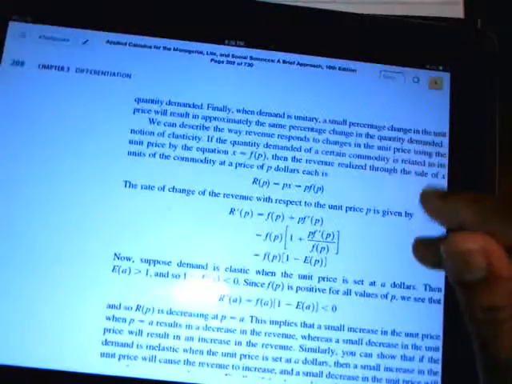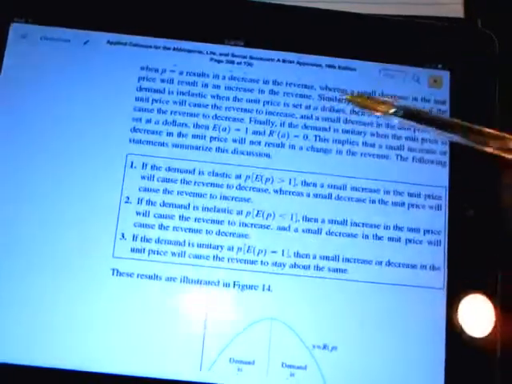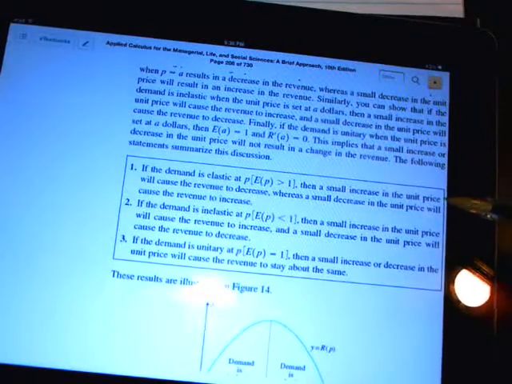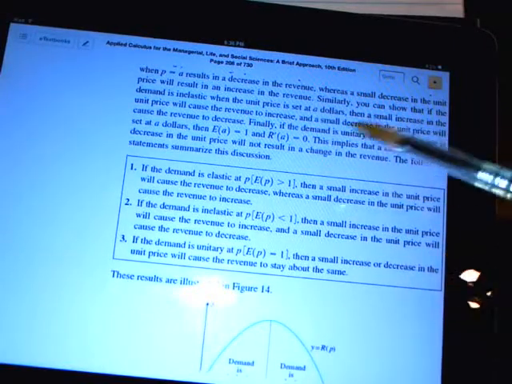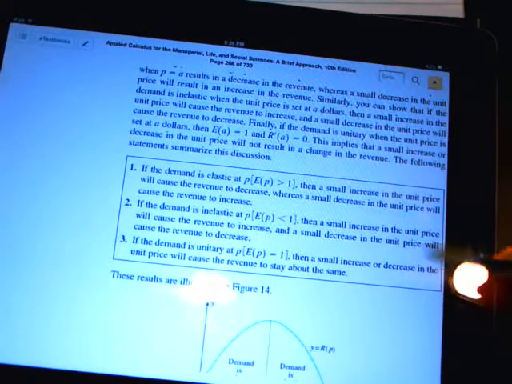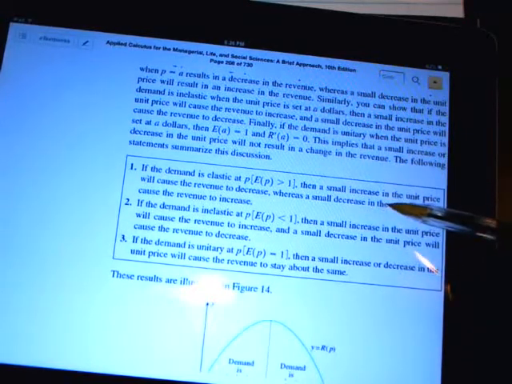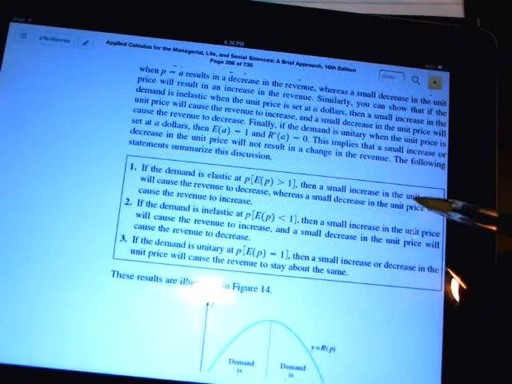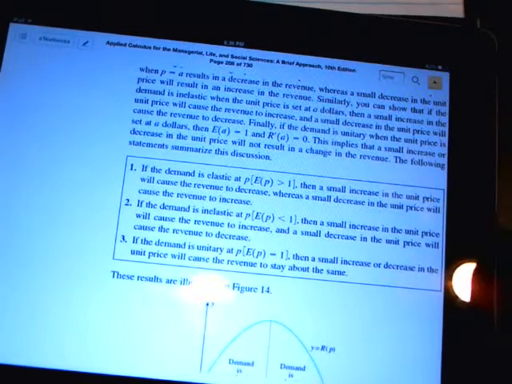I would also encourage you to read this little paragraph on page 208. It says that if the demand is elastic, then a small increase in the unit price will cause the revenue to decrease because people aren't going to buy it. If there's a decrease in the price, the revenue will increase and people want to go and buy if it's on sale.